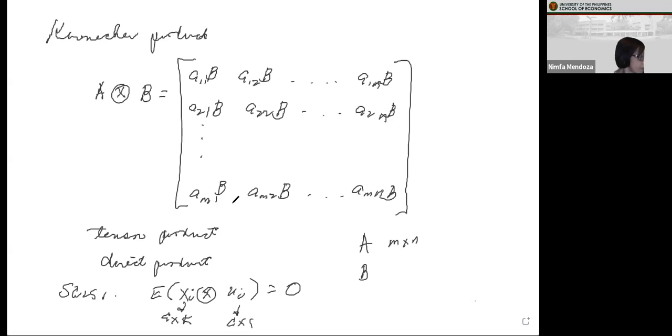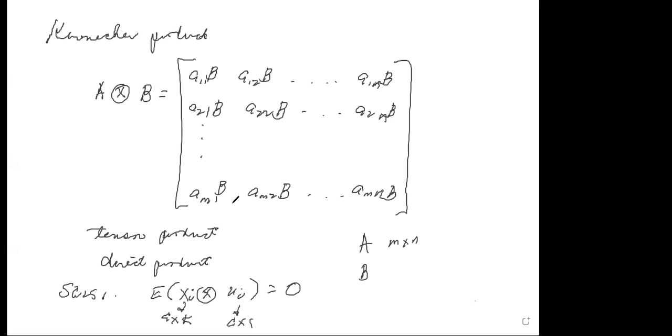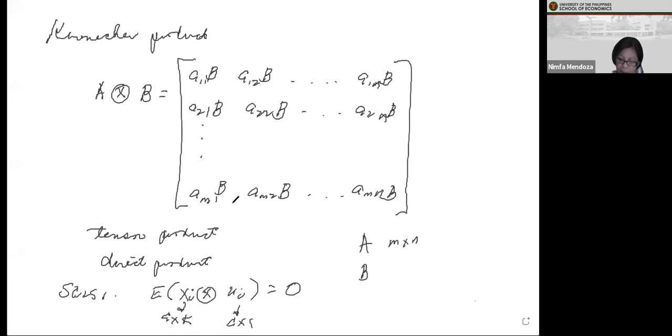Suppose B is P by Q. So B here is P by Q, and this whole thing is also P by Q.